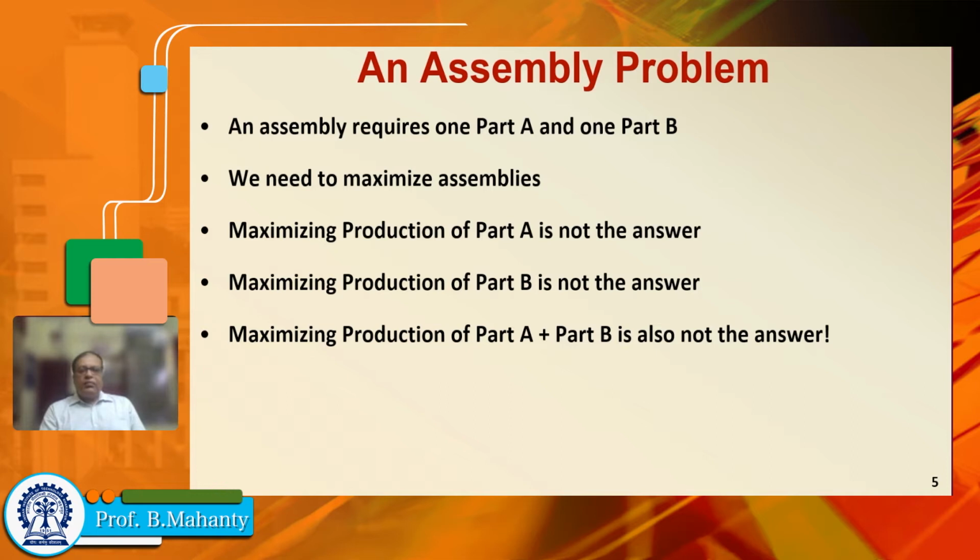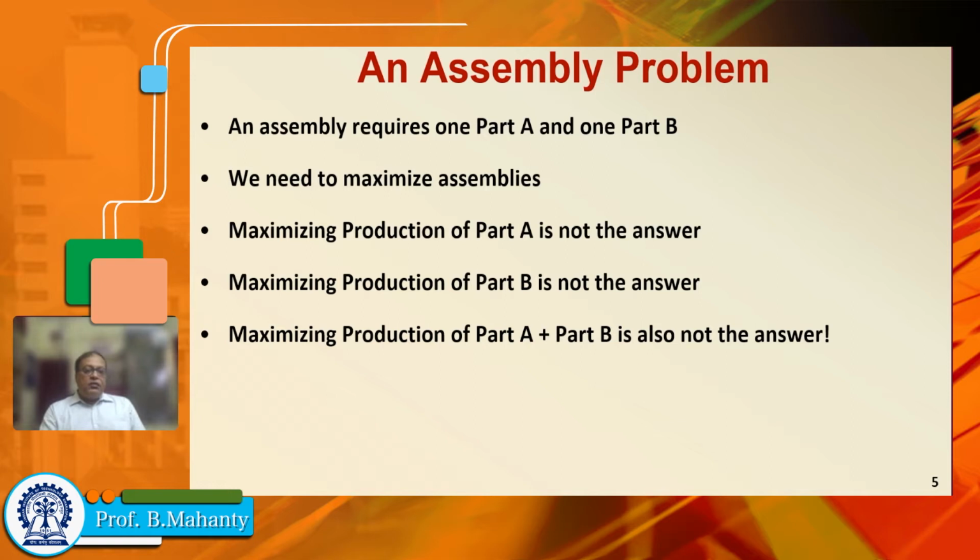And if you make both part A and part B together, even then there could be imbalances. It may not be an equal number of part A and part B. Technically, suppose you make a constraint of equal numbers of part A and part B. If you say maximize part A plus part B and also take a constraint that the number of part A equals the number of part B, the problem is that it will be too hard a constraint, and we cannot take benefit.